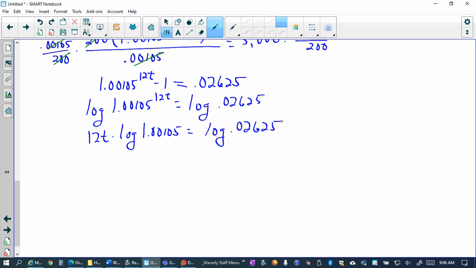Divide both sides by 12 log, so we get t equals log 0.02625 over 12 times log 1.00105. All right, make sure we got the numbers correct there.